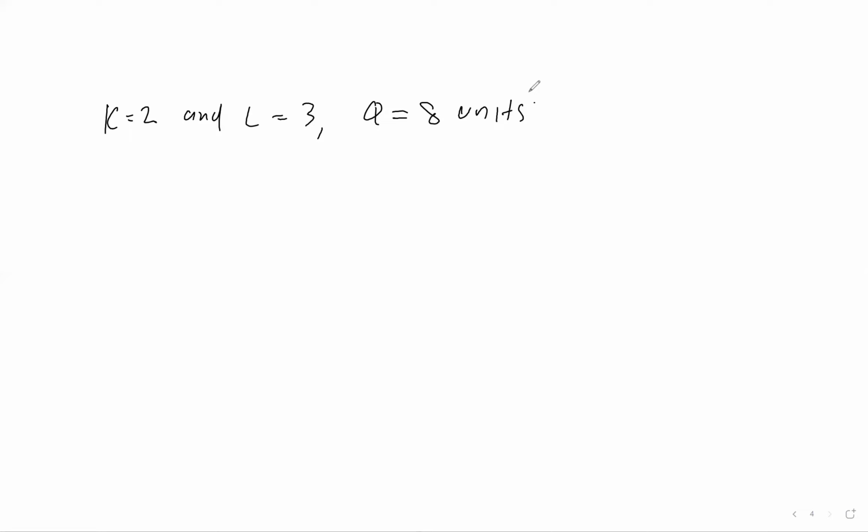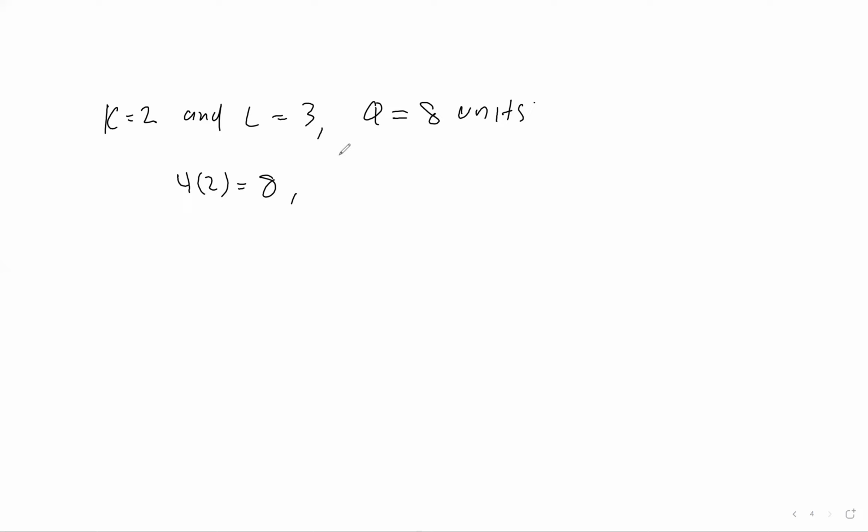It is because, as we say, this is a Leontief production function, in which the inputs are used in fixed proportion. So we have established this one. Using 2 units of capital, we have 4 times K times 2, that is equal to 8.